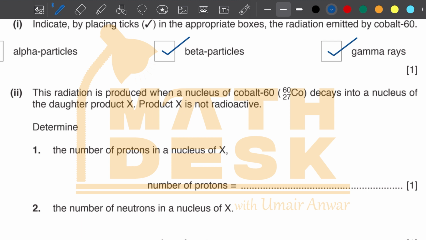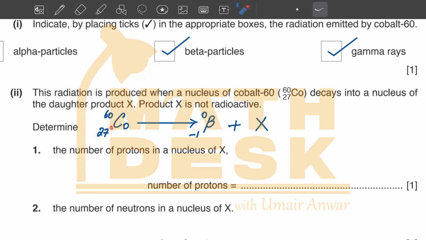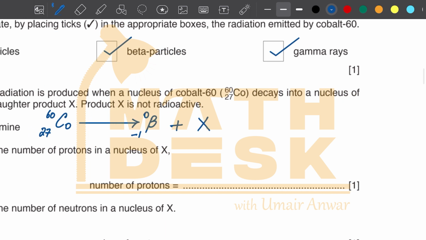Now since cobalt-60 is undergoing beta and gamma radiations, when it radiates, for example with a beta particle whose charge is -1 and mass is 0, then the daughter nucleus which is formed in this radiation process has its proton number increased by 1, because one of the neutrons changes into a proton and an electron.